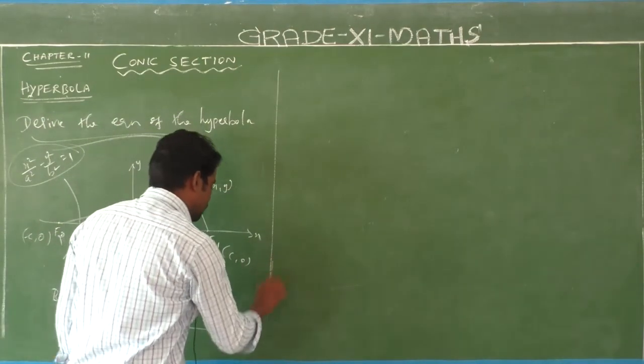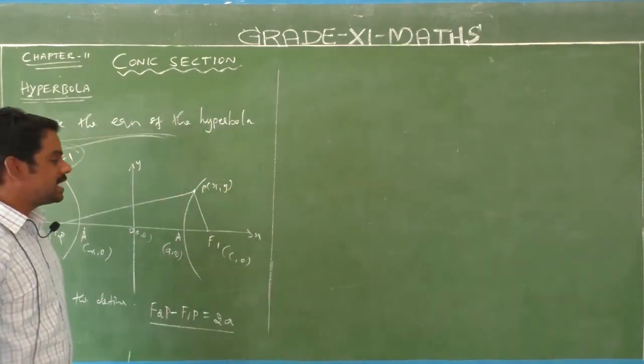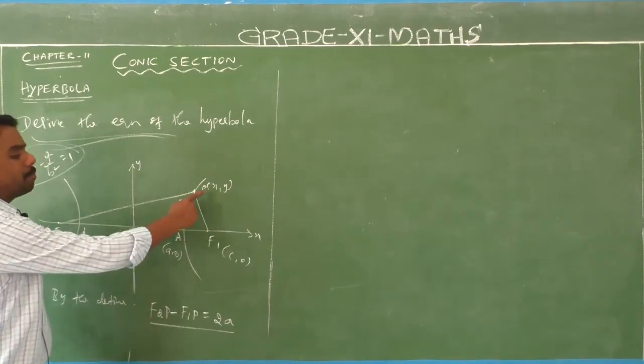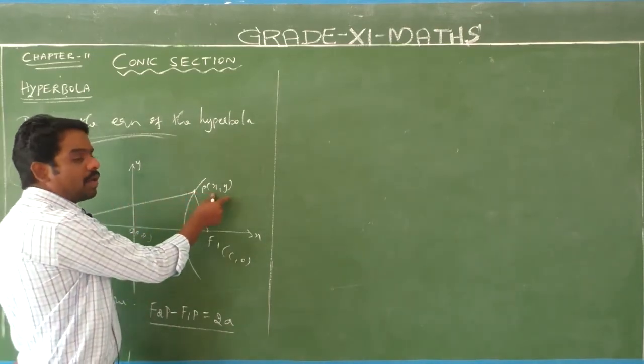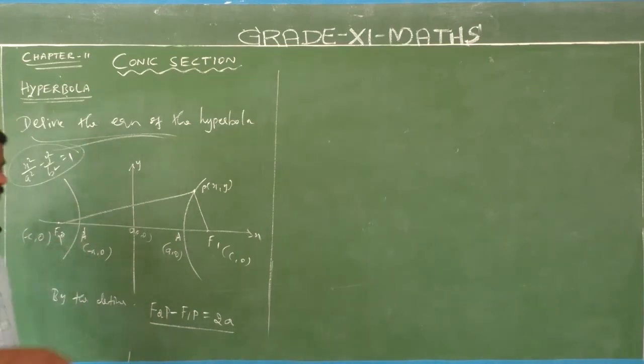Right. Here F2P is the distance between the point F2 and P. Here P is (x, y) and F2 is (minus c, 0).